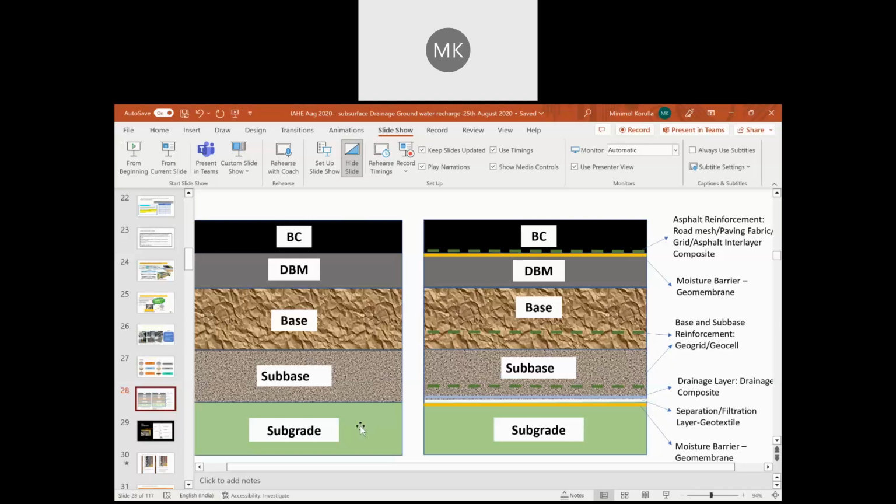And for treatment of subsurface moisture, we need to consider different aspects, different tools and different types of materials, the conventional as well as the new types of materials which may help us reduce the consumption of natural resources. We will see what materials are prescribed by the IRC documents as well as the Bureau of Indian Standards.